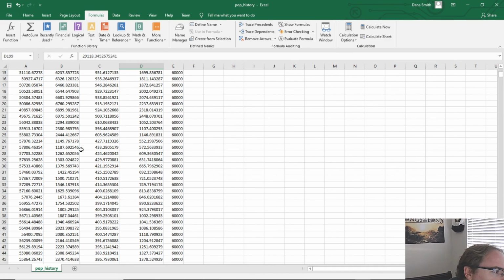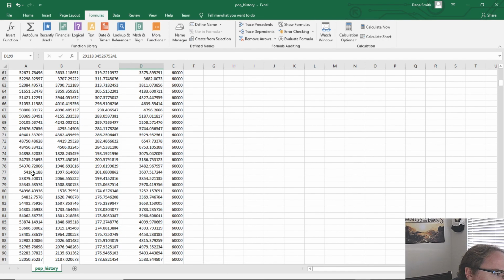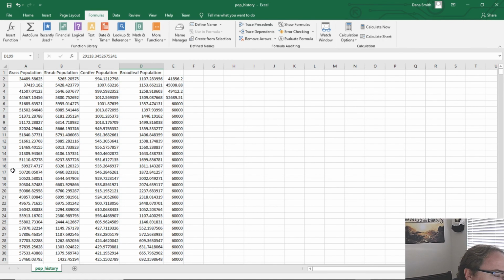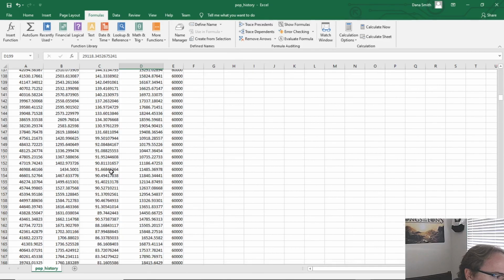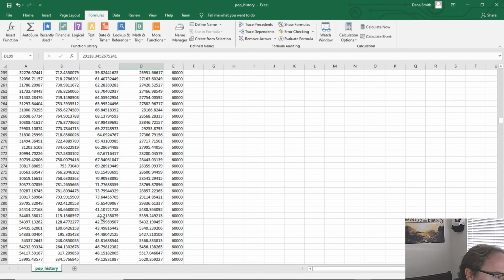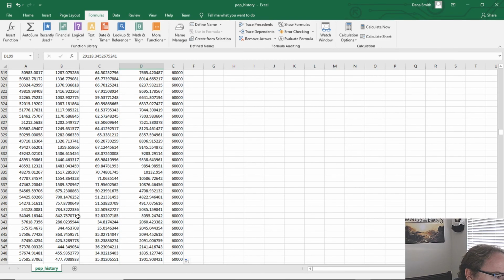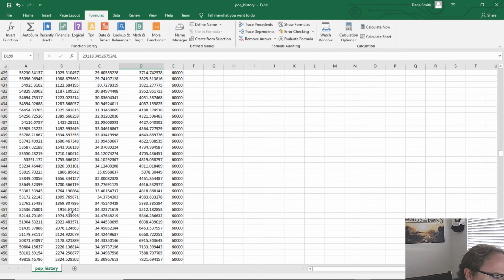So at this point, grasses, they're rebounding immediately. This is a grassland, remember, so we should expect shrubs and conifers to take a hit. They decline to just this background noise level, which is what we want, right? You can see shrubs rebound a little bit whenever there's a fire, so they're kind of at this background level.